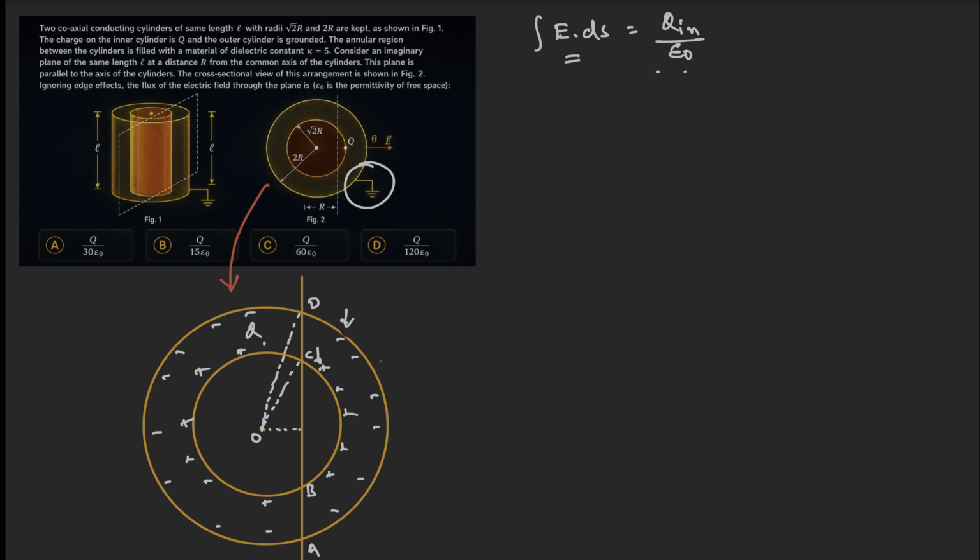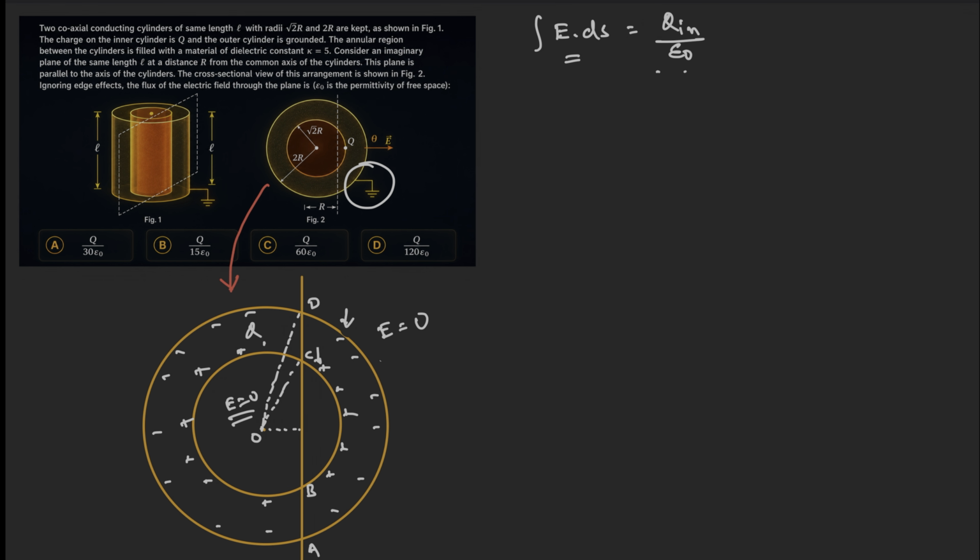Now we know the charge distribution of the system. Given this system, this is a hollow cylinder. We know that the electric field inside the hollow cylinder is also 0. So E equals 0 over here in this internal region, and then it is grounded outside. There is no electric field outside as well.